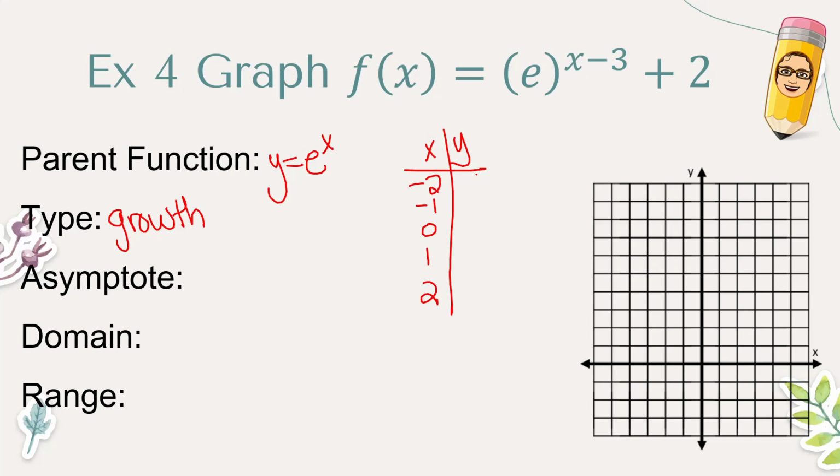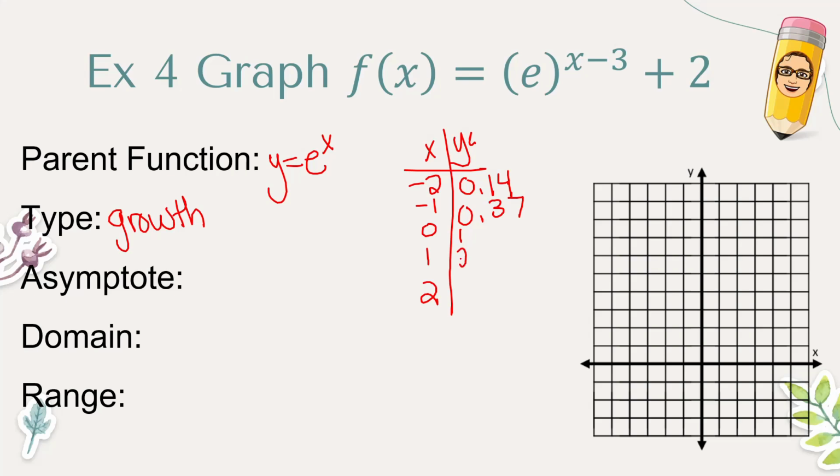So I'm going to type e to the negative 2, and we're going to get a number of 0.135, but I'm going to round. Now I'm going to do the same thing. I'm going to type e to the negative first. E to the 0 is 1.